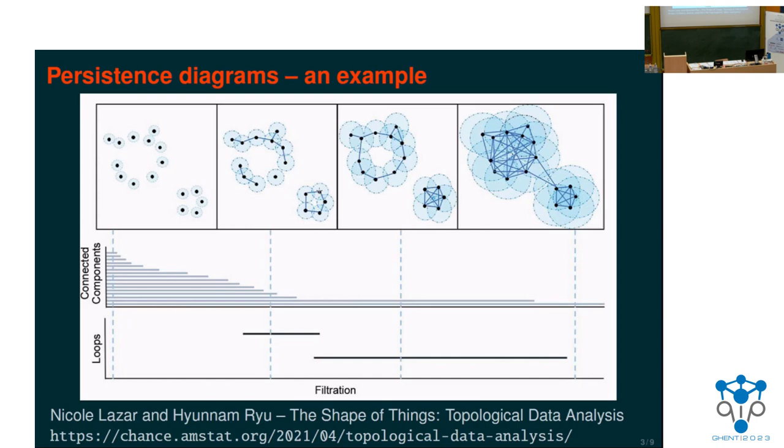Really, the robust topological features should be holes which are present for a very long range of scales and get filled only at a later time. So maybe you filter this to only look at the long enough holes or something like this. This is what people do in practice.